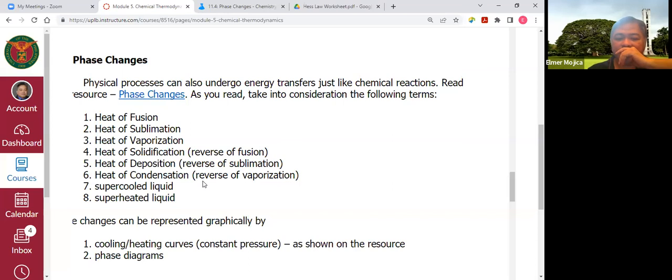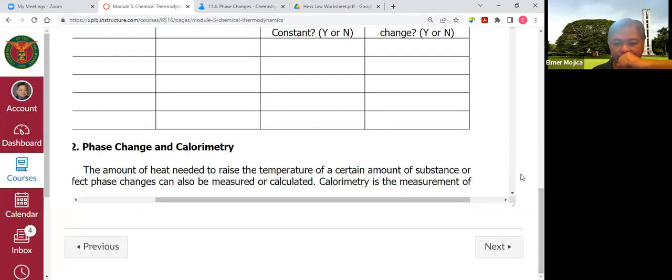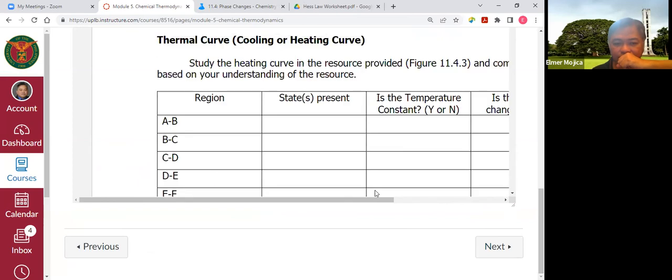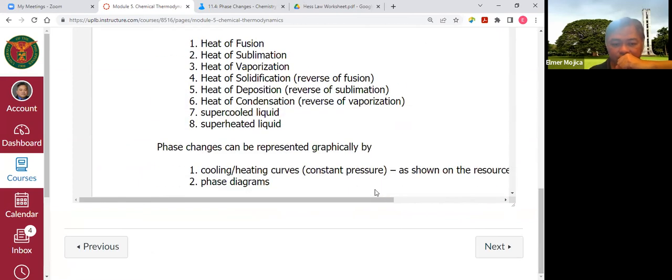Now, in some instances, we have the so-called supercooled liquid and superheated liquid. You can see the supercooled liquid or the superheated liquid in these so-called phase changes.